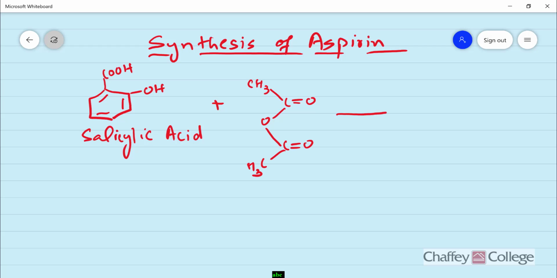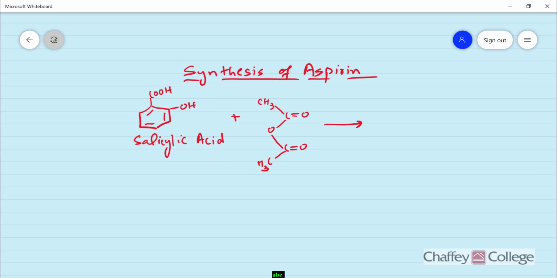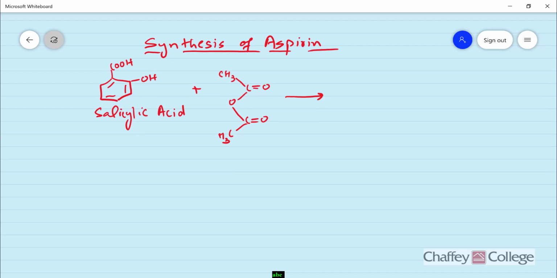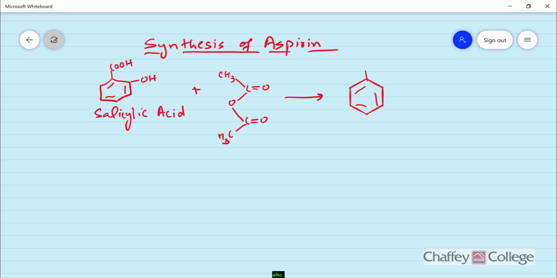It reacts with acetic anhydride, and the resulting product is acetylsalicylic acid, which is also known as aspirin.